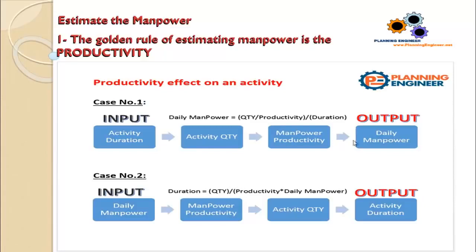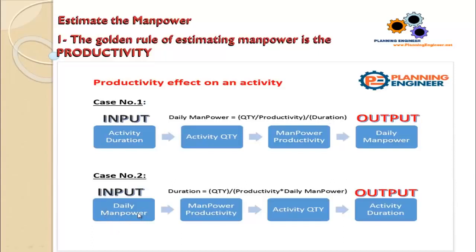Okay, in that case you will calculate how many manpower you need in order to execute 100 square meters in a time period of 30 days. So the quantity 100 divided by productivity 10 will equal 10. Then divide 10 by the duration 30, it will give you some point something number. This is the daily manpower required to execute this activity.